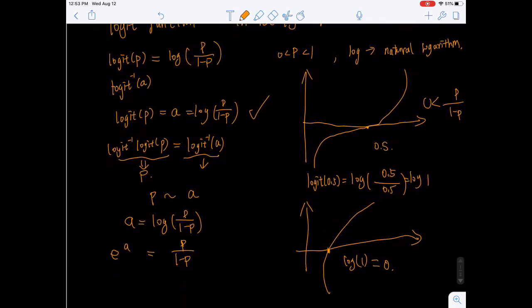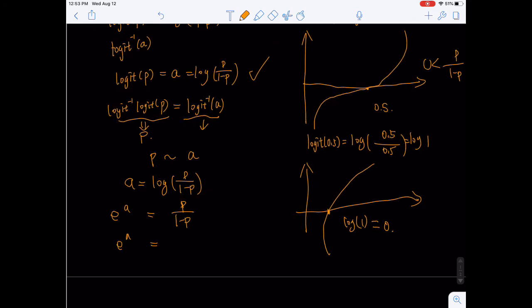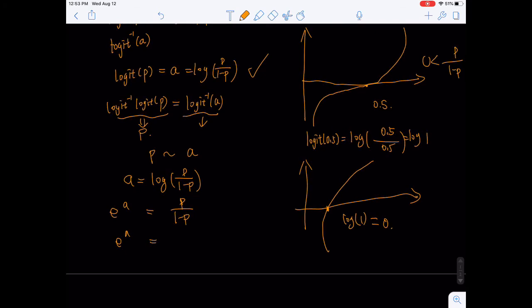As I said, our goal is to single out p, so we need to do some derivation on the right-hand side where we want p to be a linear term. So here's the trick.